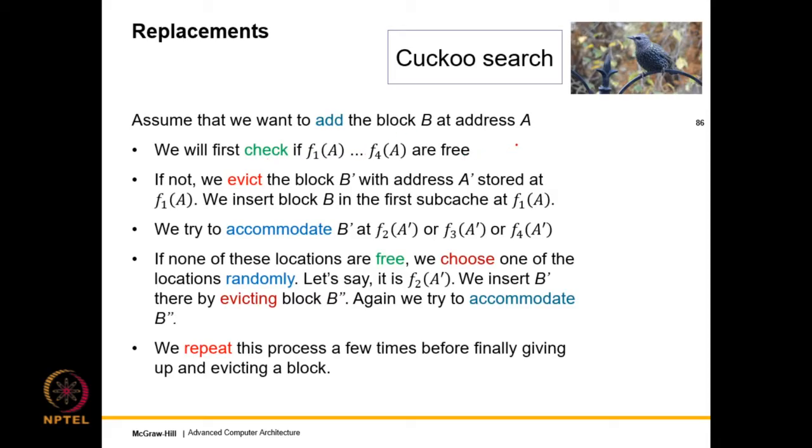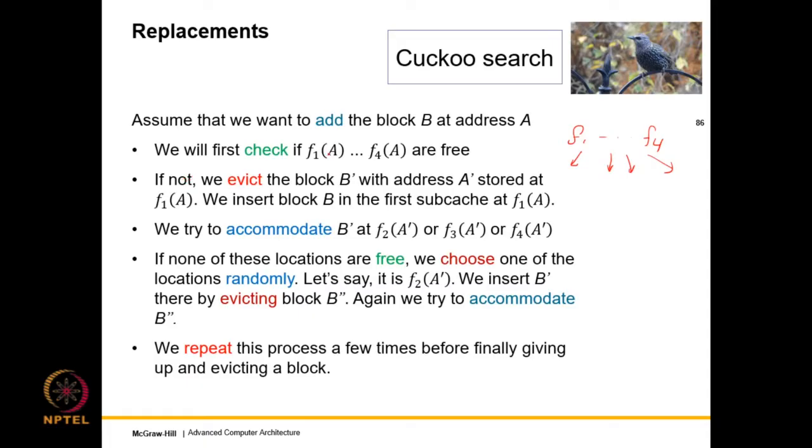In this case, accessing the skewed associative cache does require more power, in the sense the four functions need to be computed, and then we need to access the different subcaches to see where exactly the block is, because it could be in any subcache.